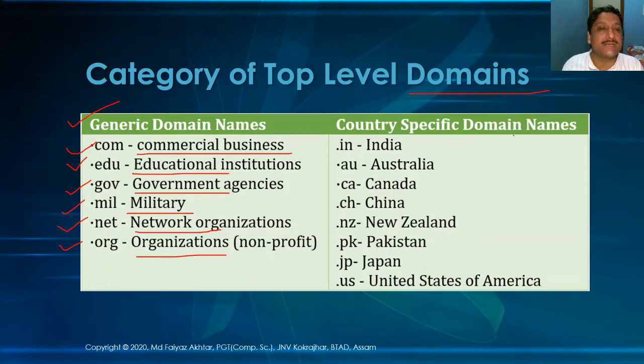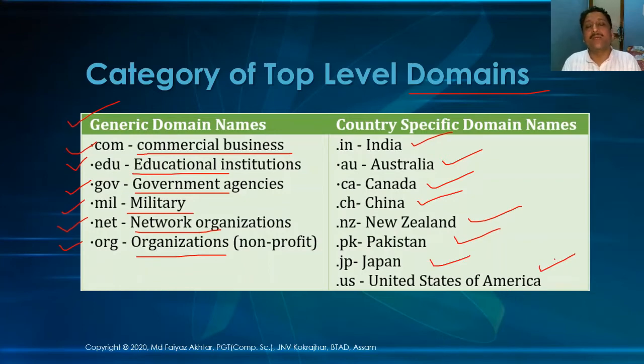There are also country-specific domain names: .in means India, AU Australia, CA Canada, CH China, NZ New Zealand, PK Pakistan, JP Japan, US United States of America. Using the domain name, we can understand which category the website belongs to.